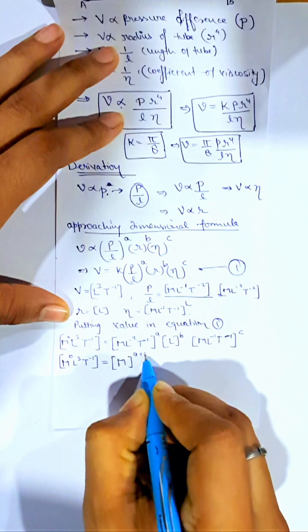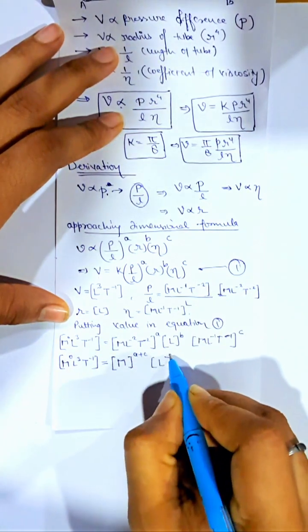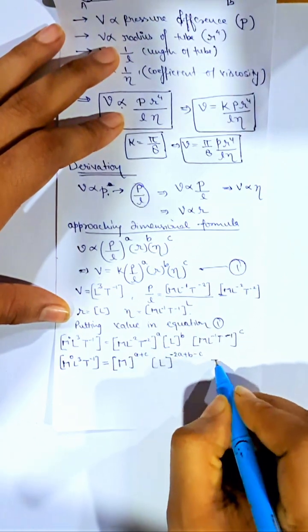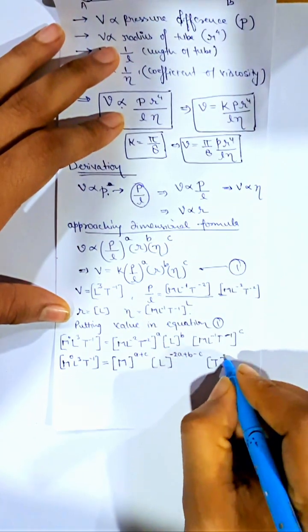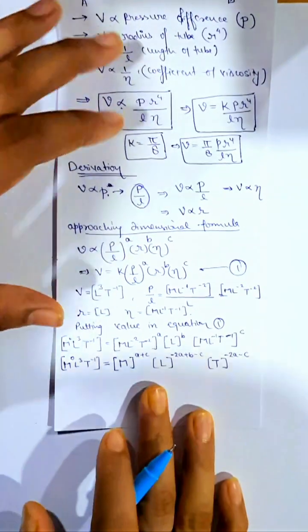M is a plus c, L is minus 2a plus b minus c, and T is minus 2a minus c.